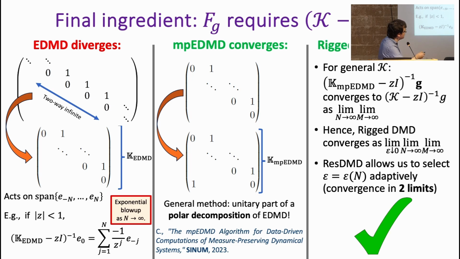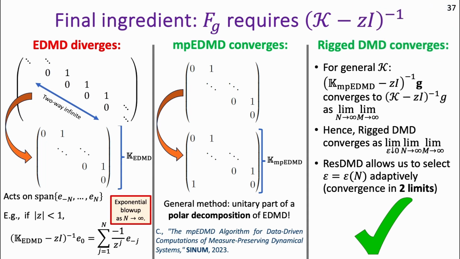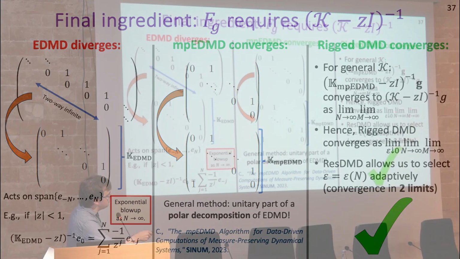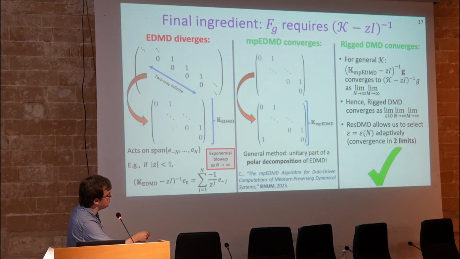So for general measure-preserving systems, so for general K, this resolvent converges in a strong sense to the true resolvent. Hence, RigDMD converges. It might look like, again, remember the number of limits, we have 3 limits, but in fact, ResDMD allows us to choose the smoothing parameter adaptively on the truncation size. But that's another story. Okay, so you get convergence in 2 limits.